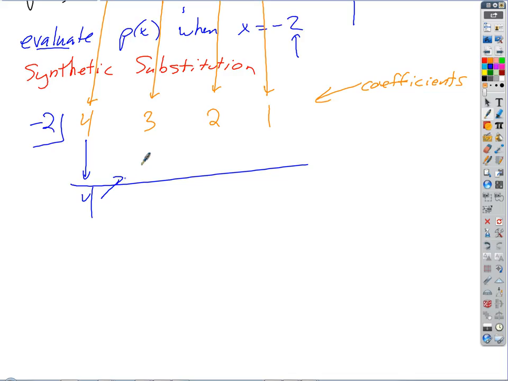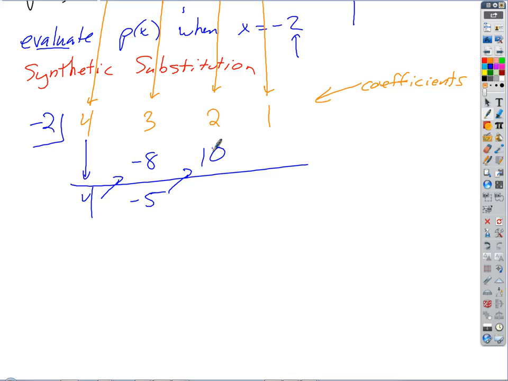And then I'm just going to put that number in the second row of the next column and add. 3 plus -8 is what? -5. Okay, a number appeared below the bar, so what do I do? Times it by -2. -2 times -5 is 10. So I put it in the second row in the next column, and I add up.